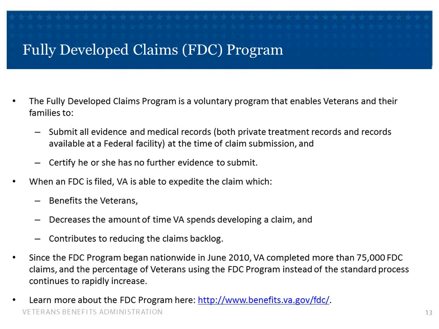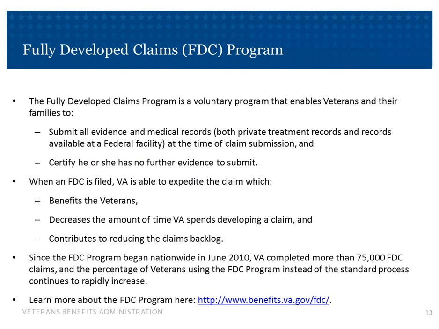VA designed the FDC program to dramatically expedite the claims decision process by enabling veterans and their families to submit all evidence and medical records simultaneously at the time they submit their claim and certify that they have no further evidence to submit. The veteran submits all needed evidence at the time he or she submits the claim, such as private treatment records and buddy statements.